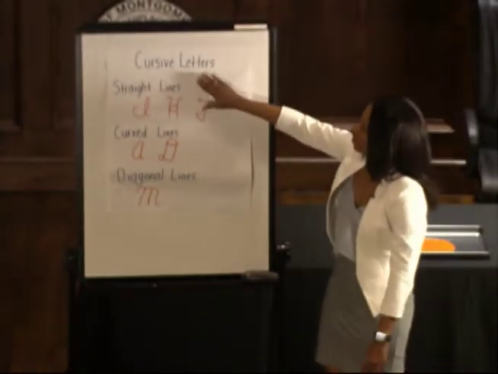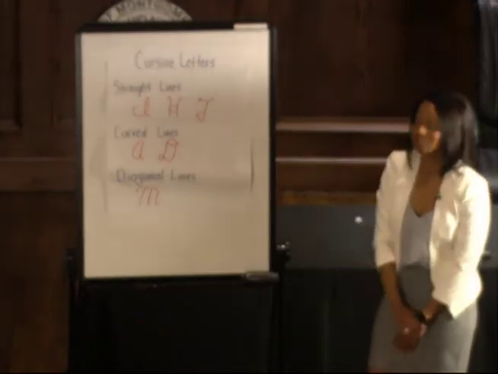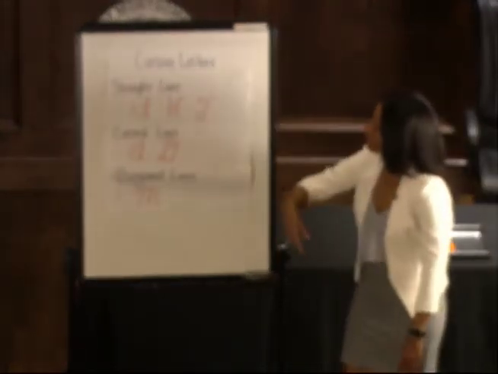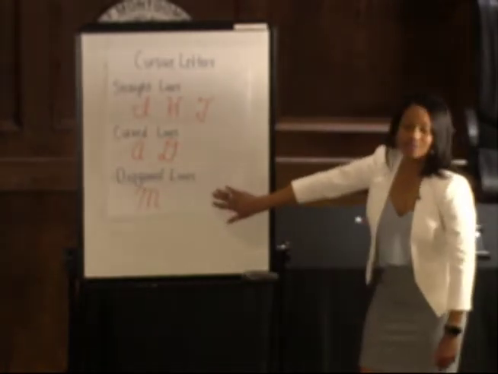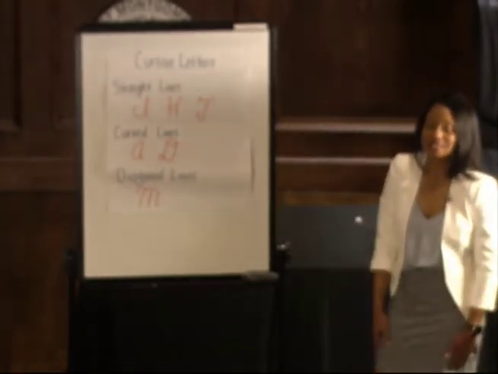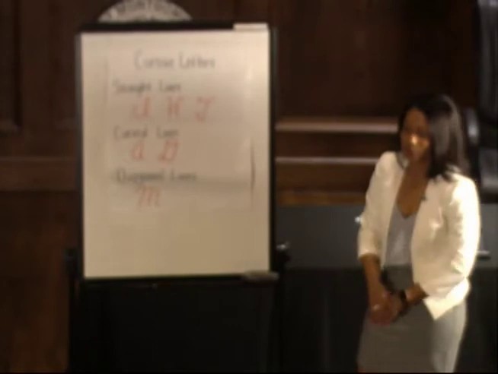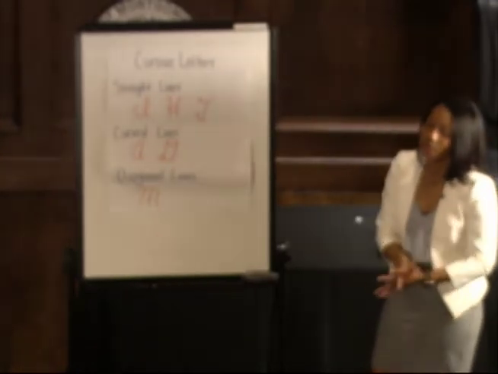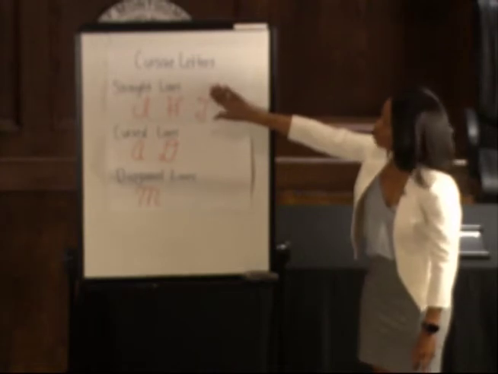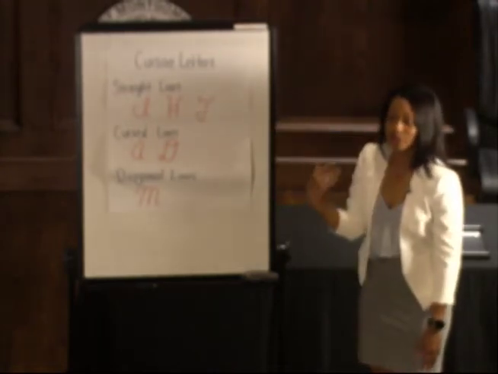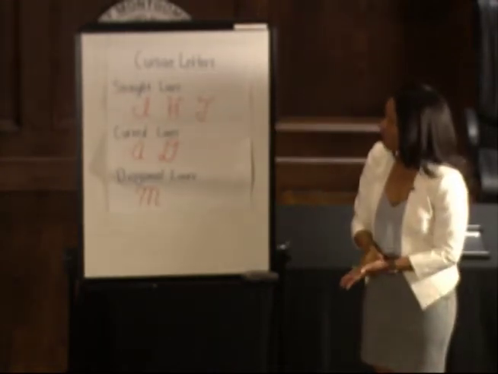So we have cursive letters in uppercase. We have straight lines, curved lines, and diagonal lines. Today we're going to look at 6 uppercase letters. But when you're writing uppercase cursive, it goes in a progression. You're always going to start with your straight lines. I didn't use all of the straight lines in the alphabet, I just picked out 3.